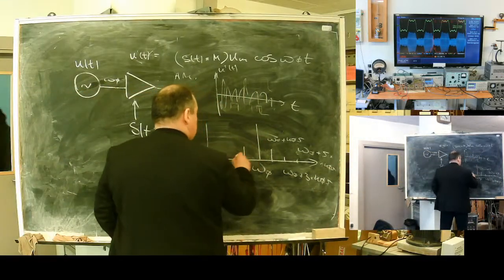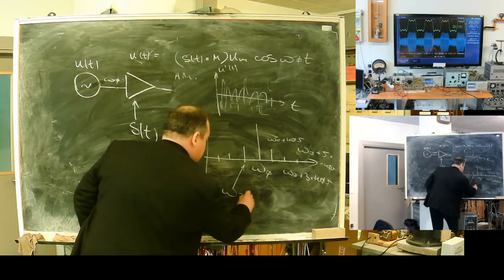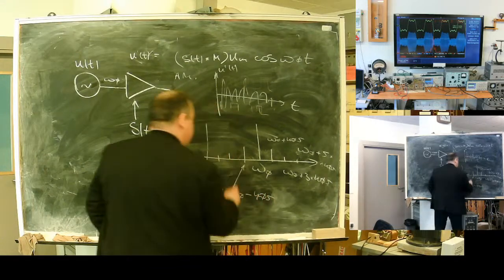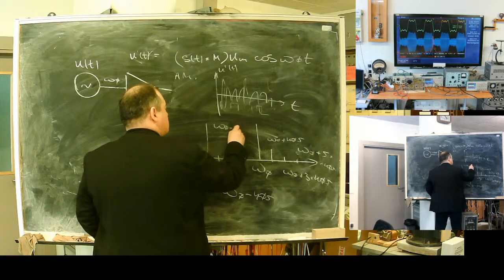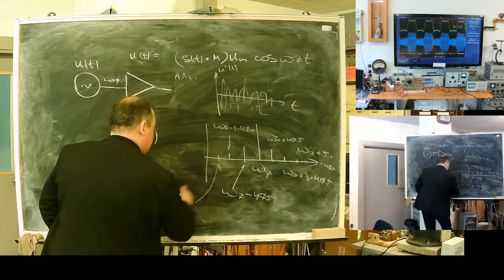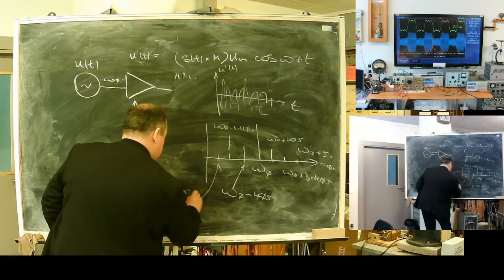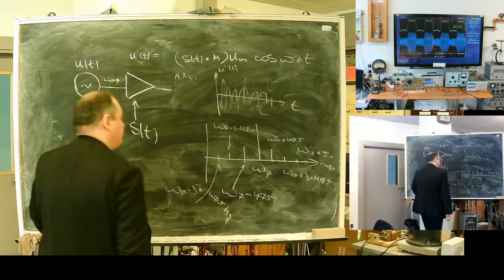And the same thing, this one is omega 0 minus our 405 hertz. This one omega 0 minus triple of 405, and this one will be omega 0 minus 5 times our 405 hertz.